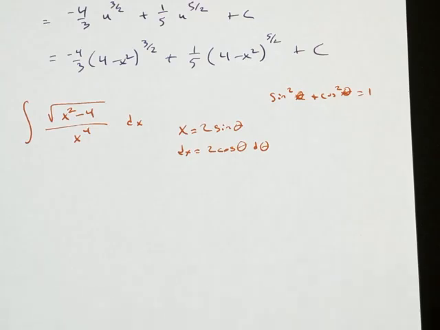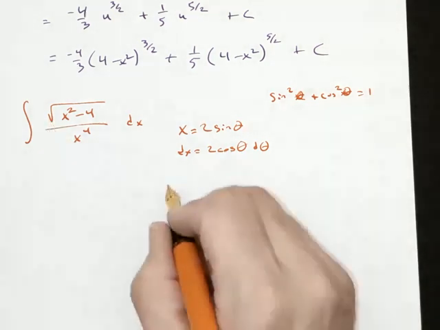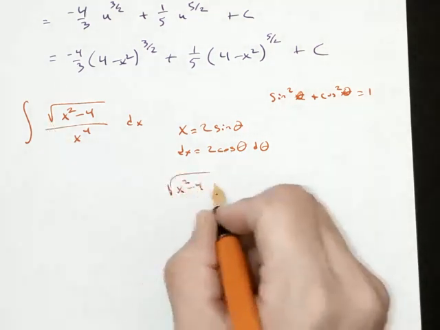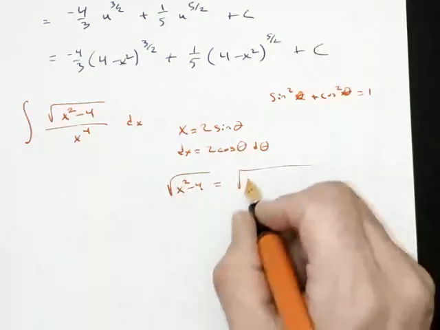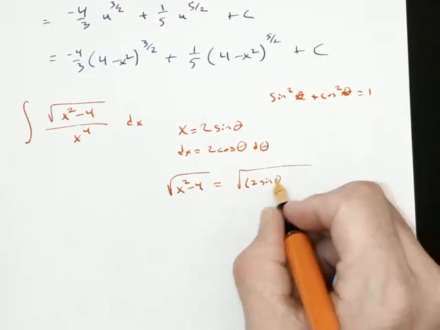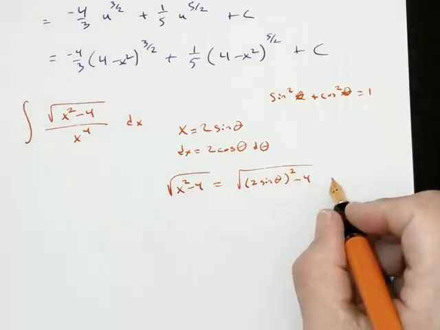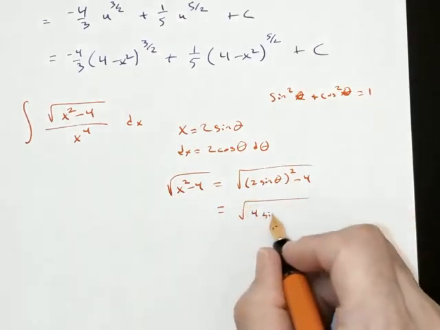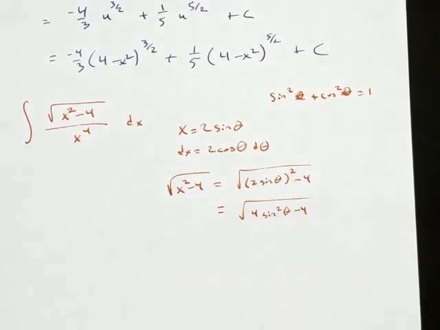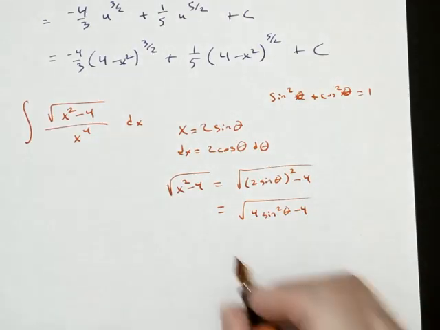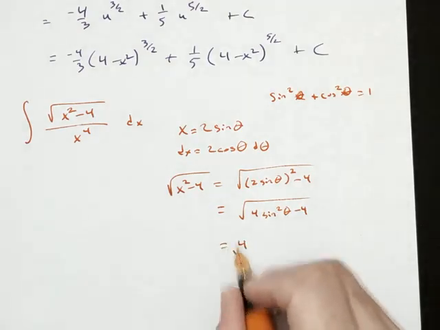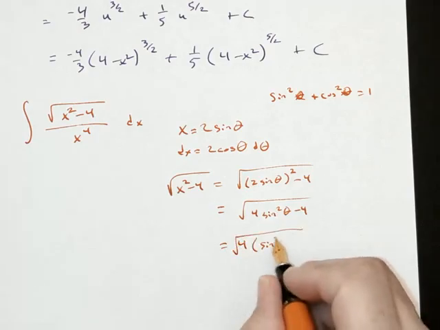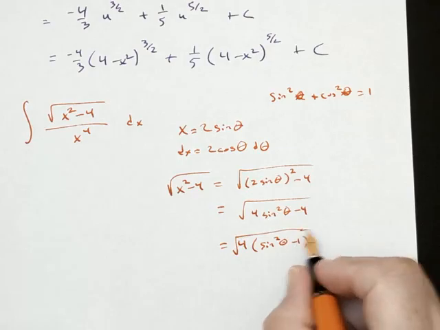Let's try it. Now, following what Nora told me earlier, I factor out the 4, and then I get sine squared theta minus 1.